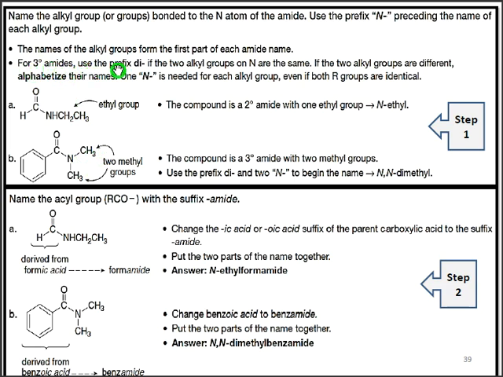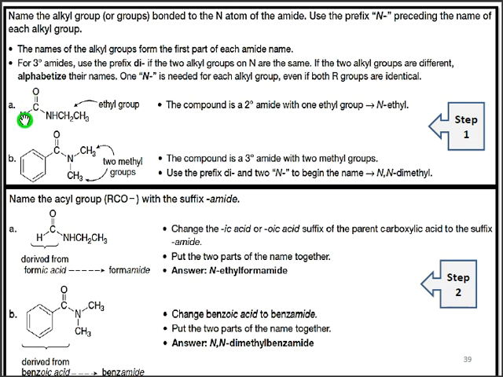For tertiary amide, use the prefix di if the two alkyl groups on the nitrogen are the same. If the two alkyl groups are different, we have to put the names in alphabetical order, and we put N hyphen for each one.